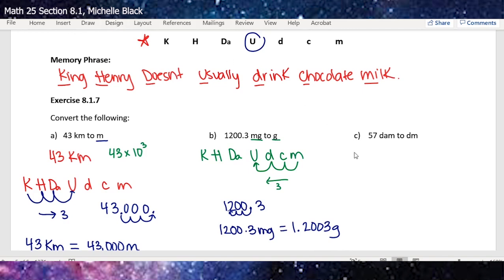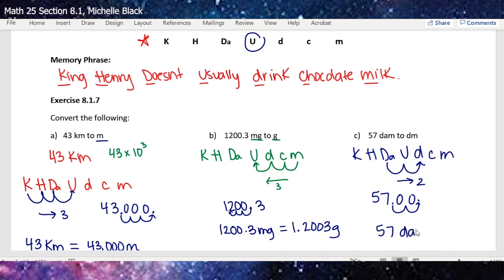In part C, again, I'll write down my prefixes. I'm going from decameter to decimeter, so from DA to D. That means I'm going to move twice, take my decimal point, which I can't see, which means it's at the end on the right, move it over twice, fill in any empty gaps with zeros, and we see that 57 decameters is the same as 5,700 decimeters.